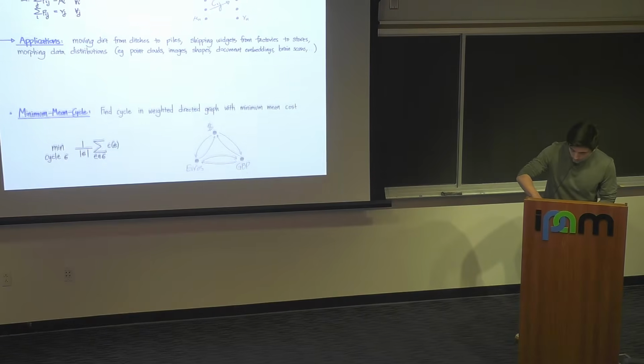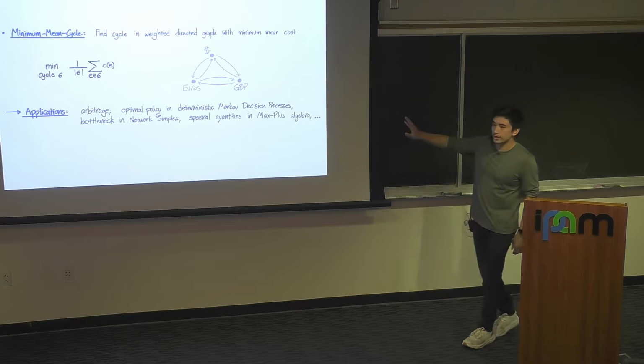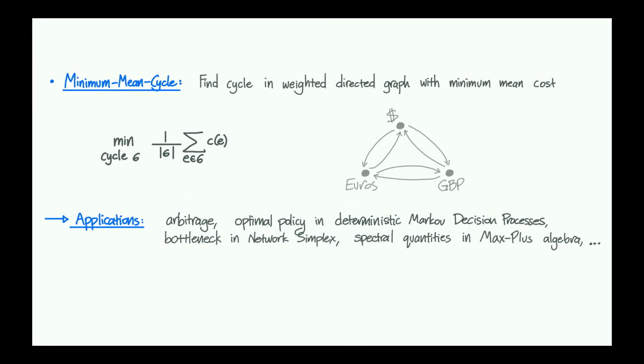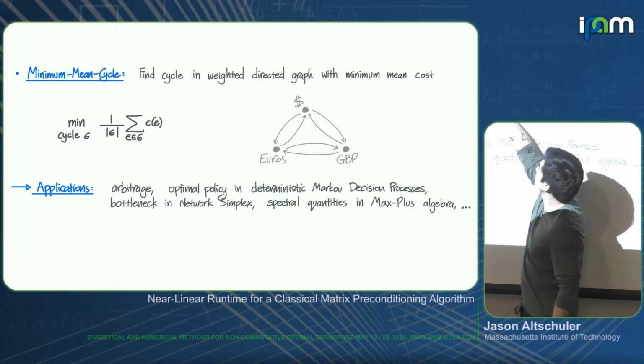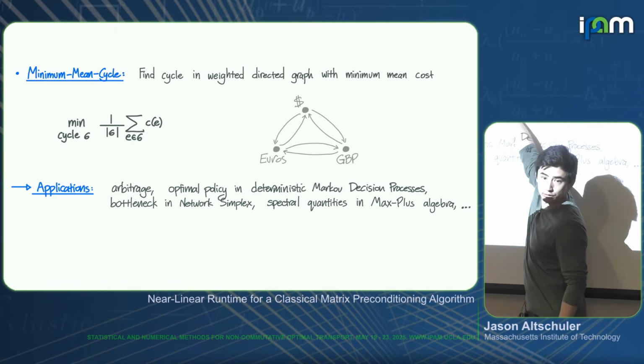Let me tell you about a different problem. Now, min-mean cycle. This will be sort of the second main character. So the problem setting here is we have, no longer bipartite, just a weighted directed graph. So you can imagine edges directed. They all have some weights. And the question is, can you find a cycle, which means a path of directed edges that ends up at the same place?